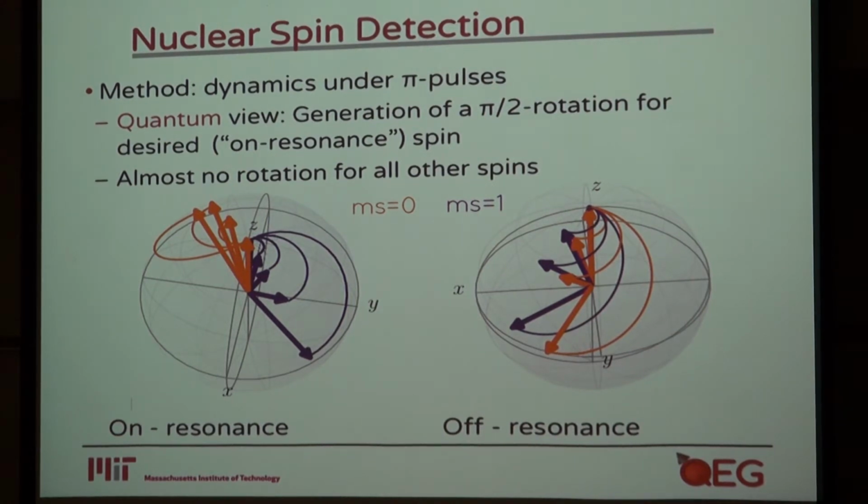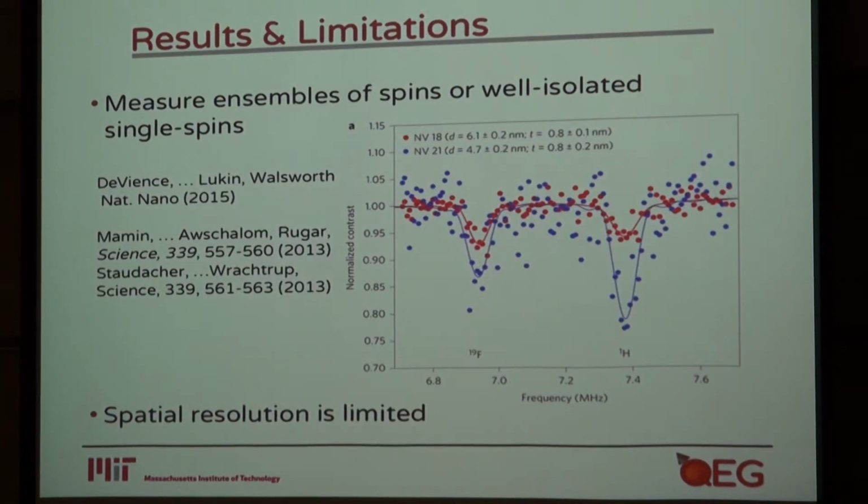And we can actually see this in experiments. There have been experiments from many groups. Here we change the effective frequency of our flip-flopping of the NV center. And when you hit the correct frequency for fluorine-19 or for proton, you see a dip in the coherence, because what you've done is to modulate the evolution of the nuclear spin, and this in turn destroys the coherence of your NV center.